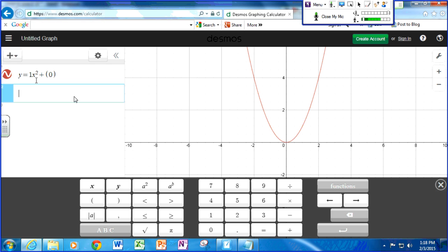H is 0 and k is 0 and a is 1. So if we change the value of a, right now our a is 1. If I change it to 5, it just makes the parabola a little narrower, which is not particularly interesting. But if I change a to a negative, notice that it flips the parabola over.